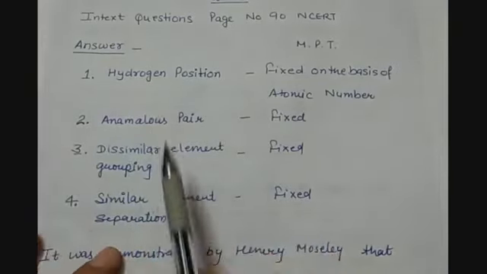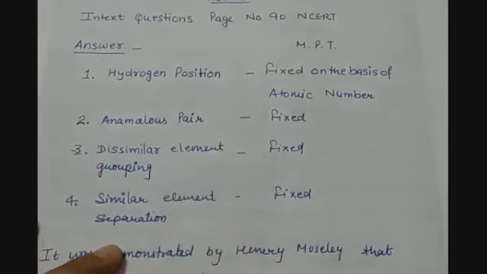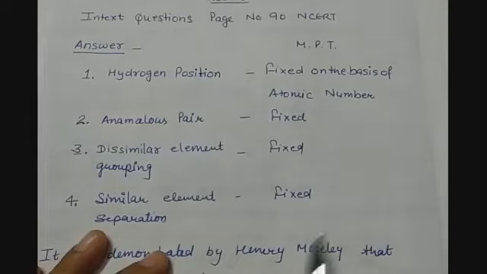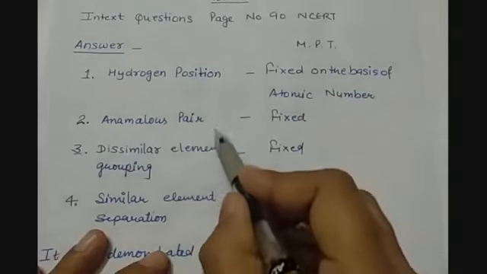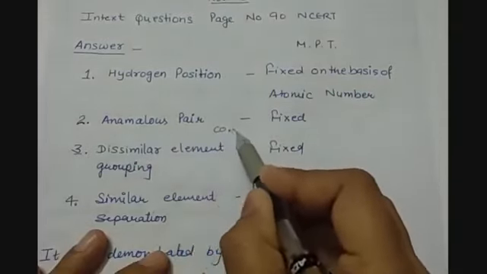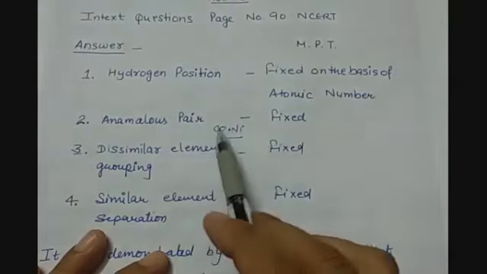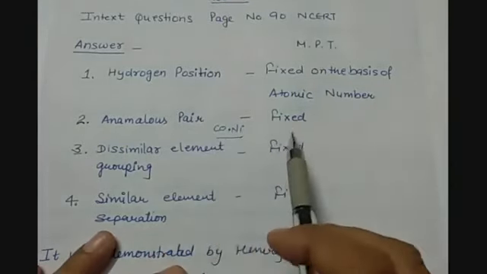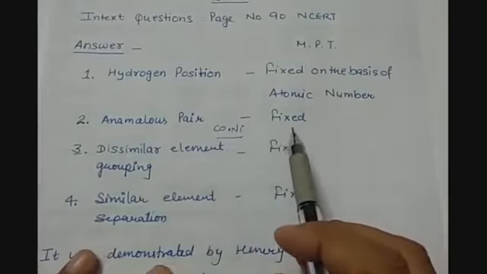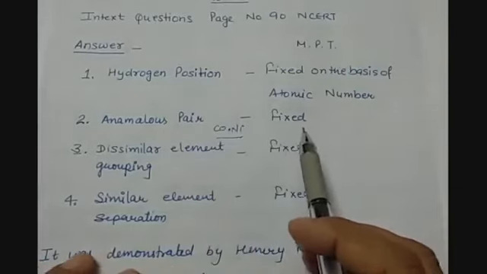Means some of the pairs were there which were having a higher atomic mass element before the element which is having a lower mass. For example, cobalt and nickel. So this problem was also fixed in the modern periodic table because it arranged the elements according to the atomic numbers of elements.